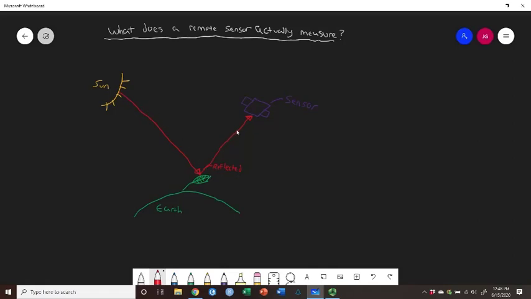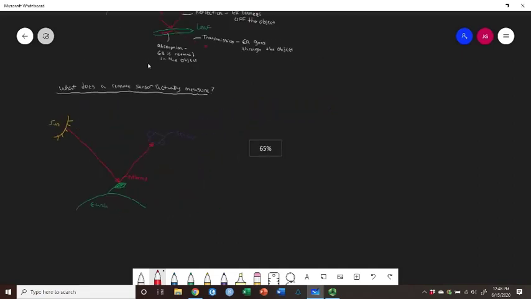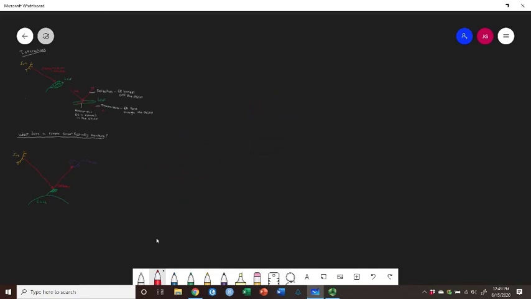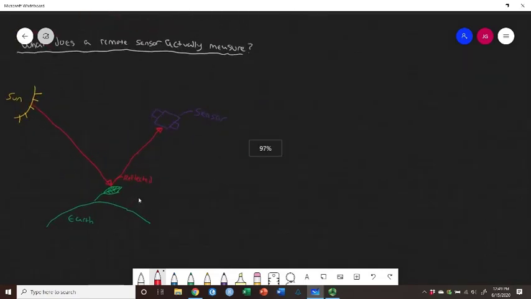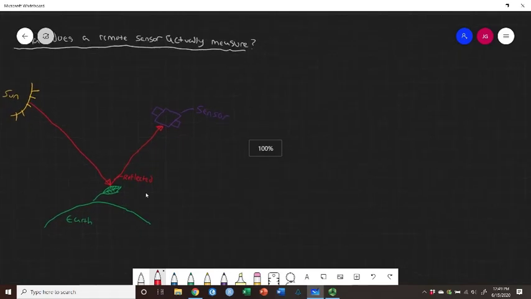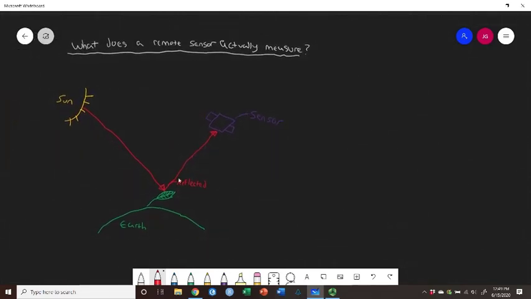And if we stopped here, you'd say, oh, well, the sensor is just capturing the amount of radiation that was reflected off the leaf. But it's slightly more complicated than that. The reason that it's more complicated is something that is happening in between the sun, the Earth, and the sensor.